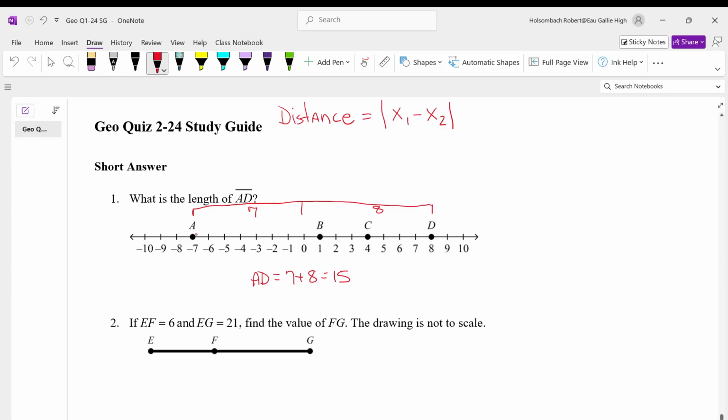So if we're trying to find the distance from A to D, we could say that AD is equal to the absolute value of the coordinate at point A, which is -7, minus the coordinate at point D, which is 8, and the absolute value of -7 minus 8 would be -15. And absolute values are always positive. So the absolute value of -15 is positive 15. So there's 2 different ways you can do that problem, okay?